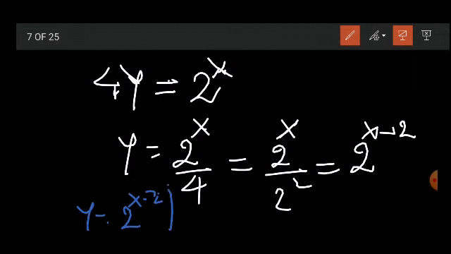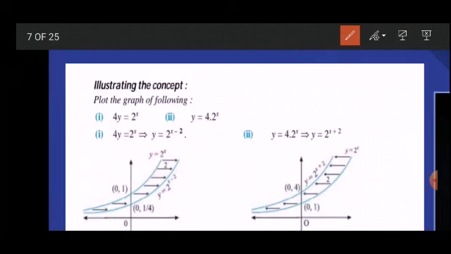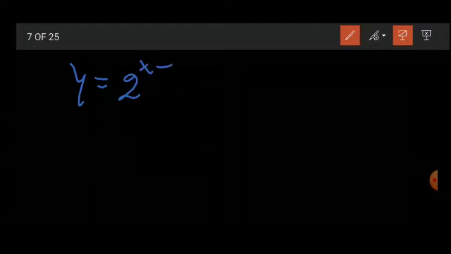So we have to draw the graph of y equal to 2 to the power x minus 2. We plan to solve this for y, and we got y equal to 2 to the power x minus 2.